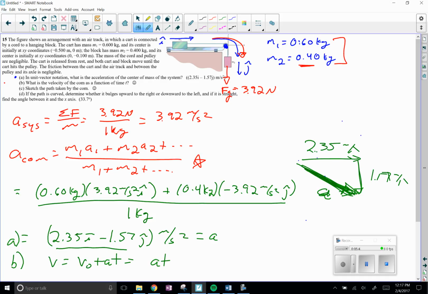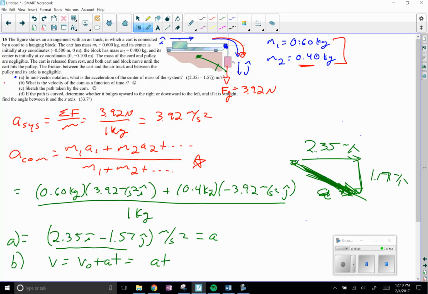Since our velocity began at 0, we're accelerating this way, so our velocity is going to increase this way, which means we're just going to move in a straight line. The center of mass starts about here, and it's just going to go this way in a straight line.